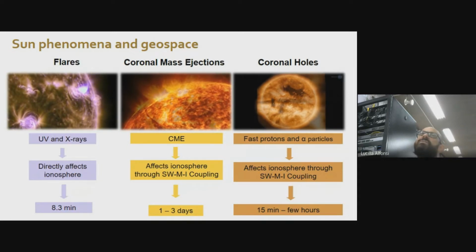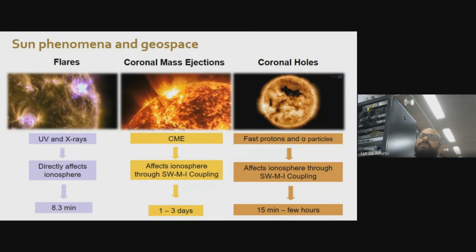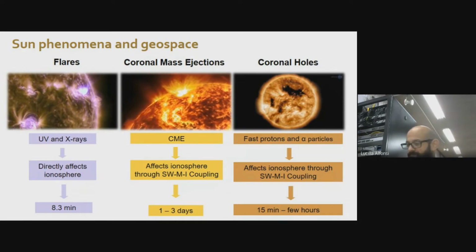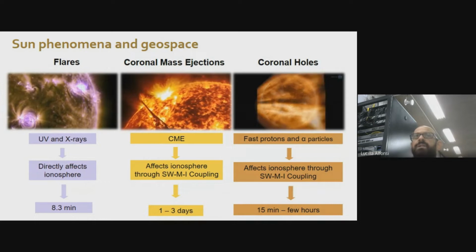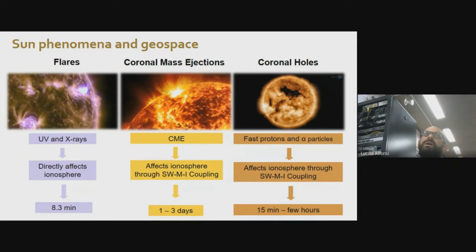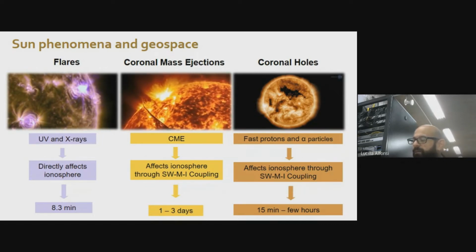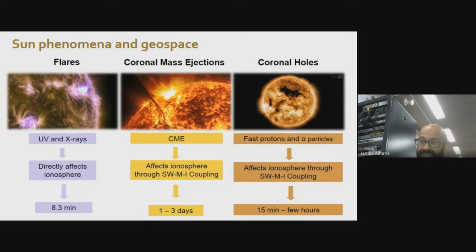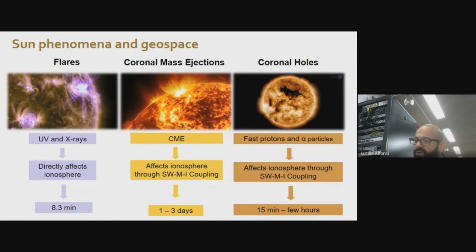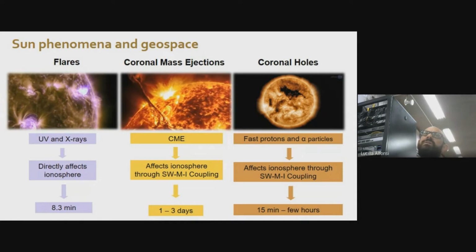Here in this slide, you can see the 3 main phenomena that determine energy and particles flowing from the sun down to the Earth, to the magnetosphere, and then the ionosphere, that are the flares. That is basically an electromagnetic phenomenon. Not only, we also have some very energetic particles traveling at a very high velocity, almost the light velocity.